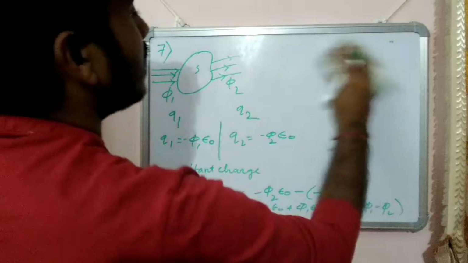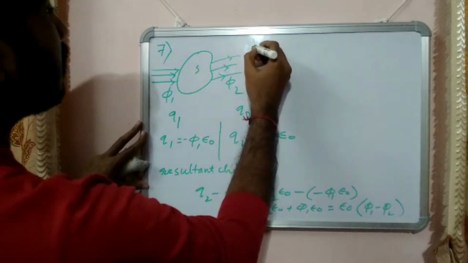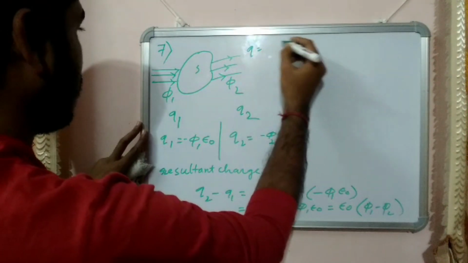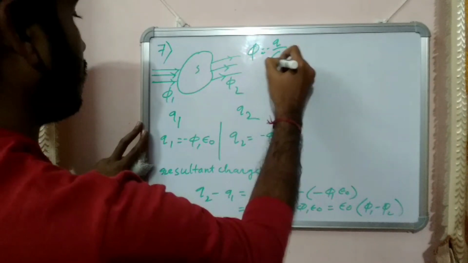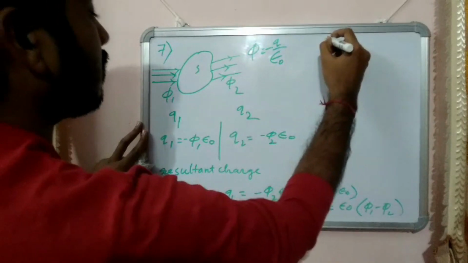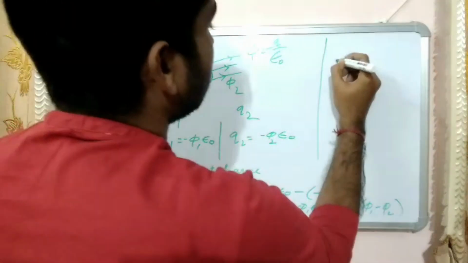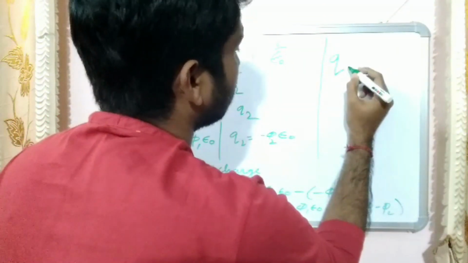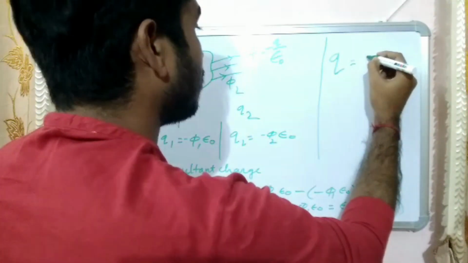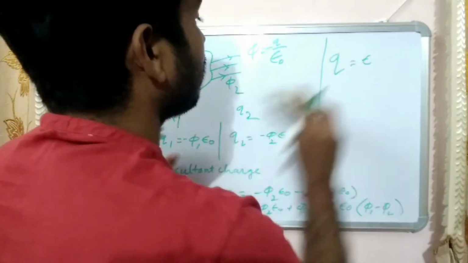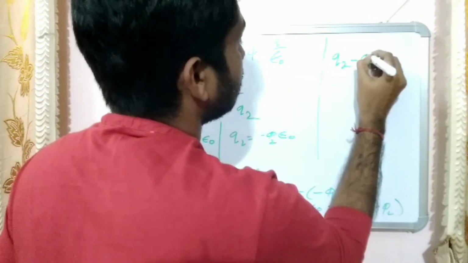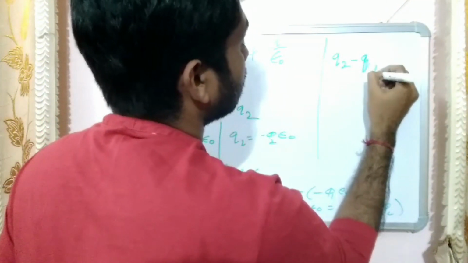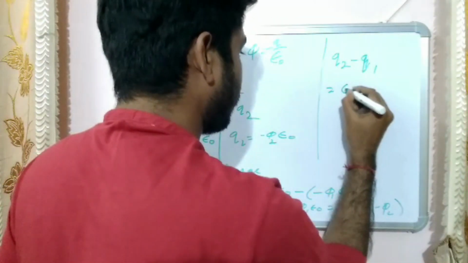So the resultant charge is equal to Q2 minus Q1.